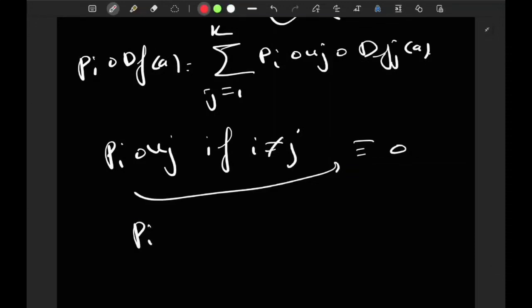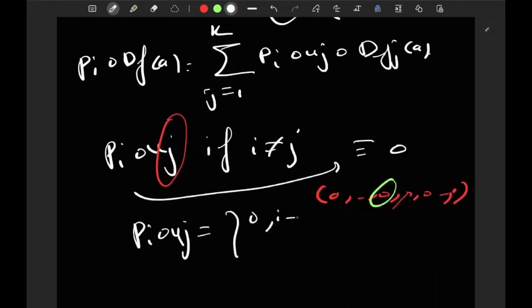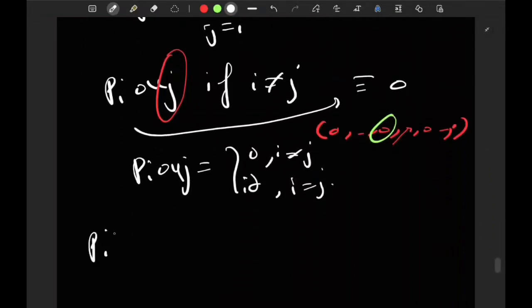If j is not equal to i, then uj gives me something which is zeros except at the jth coordinate, and then pi is receiving the 0, so it's giving the 0. So pi composed with uj is 0 if i does not equal j. But if i is equal to j, we know it's already the identity map.